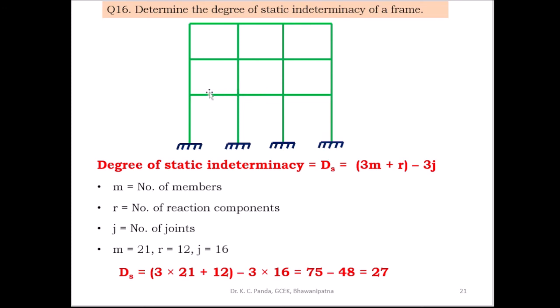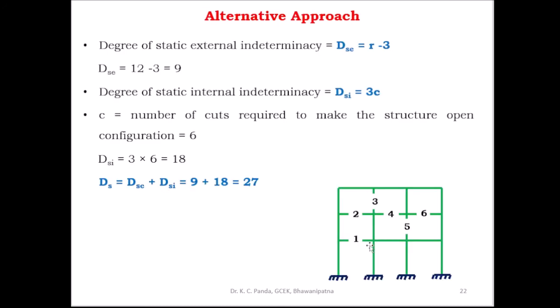So here, how many chords are required to make it an open configuration? Here one chord, here second chord, here third chord, here fourth chord, fifth chord and sixth chord. Six chords are required to make the structure open configuration. So look at this figure.